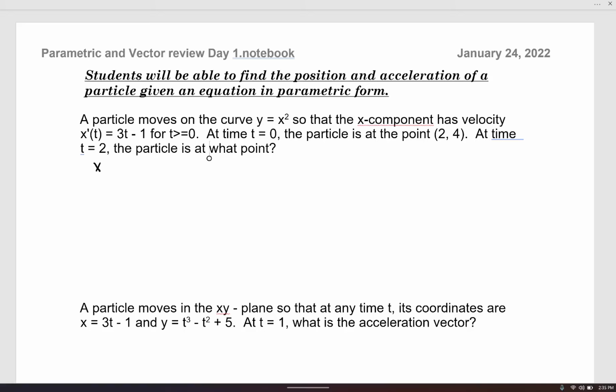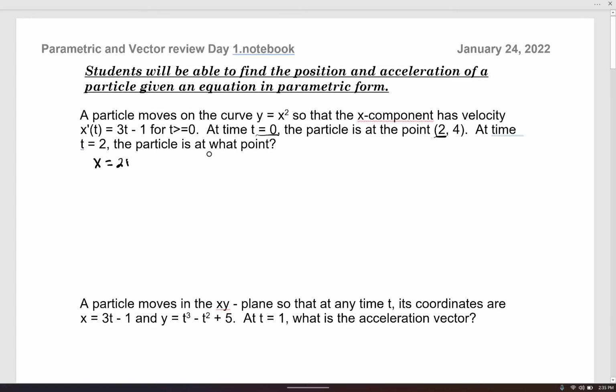So let's get the x position, which is starting at 2 when t is 0. So we'll go 2 plus the integral from 0 to t equals 2, and the x prime is 3t minus 1.